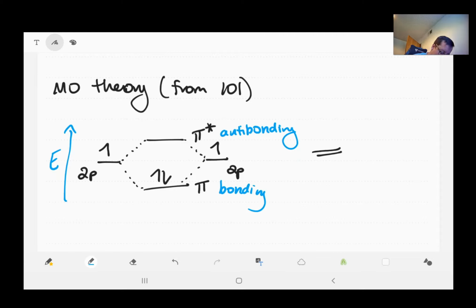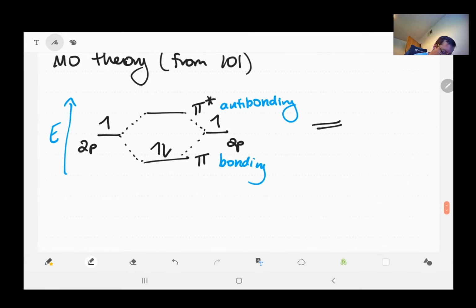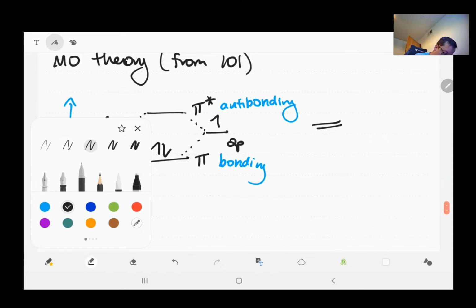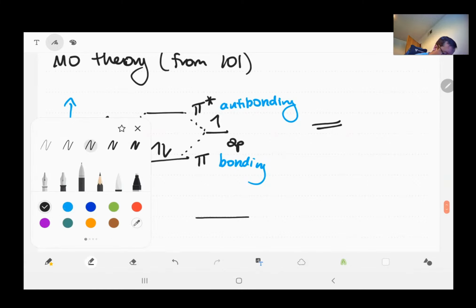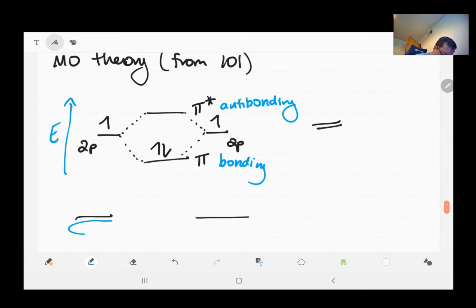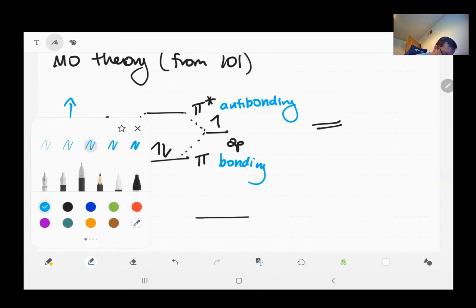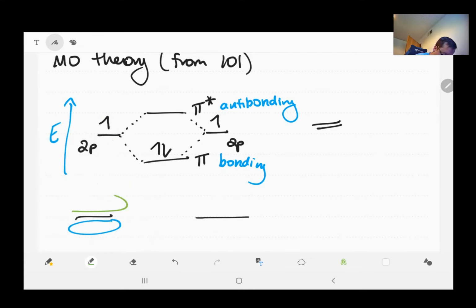So how these might look, I'm going to just kind of draw our just carbon there. If we're looking at the bonding orbital, it kind of looks like this, where we have overlap between the two.